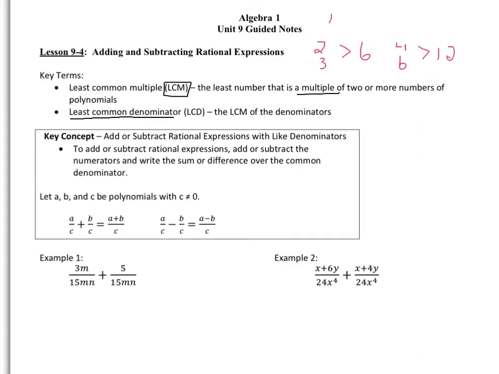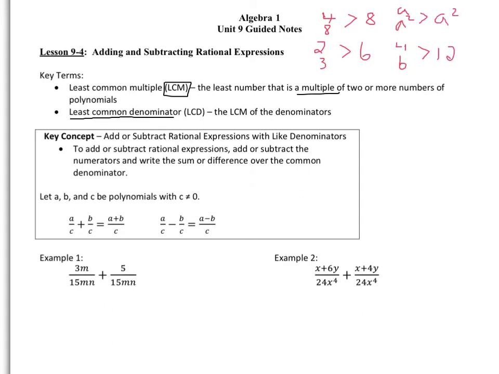If I have 4 and 8, they both go into 24, they both go into 16, but the lowest one they both can go into is 8. And if I have a and a squared, the least common multiple that they both can go into is a squared.